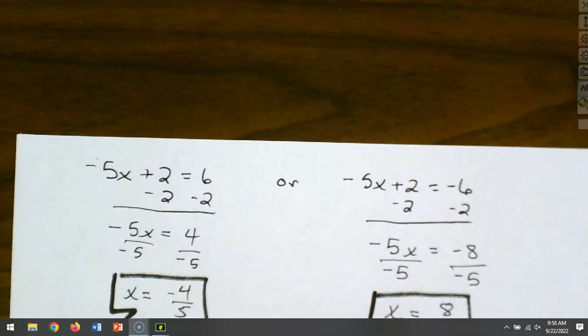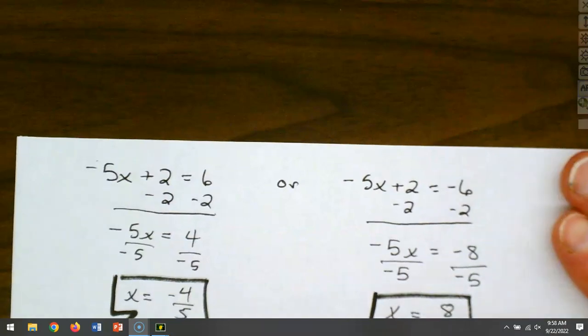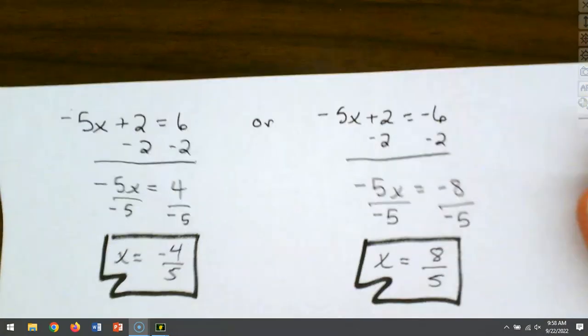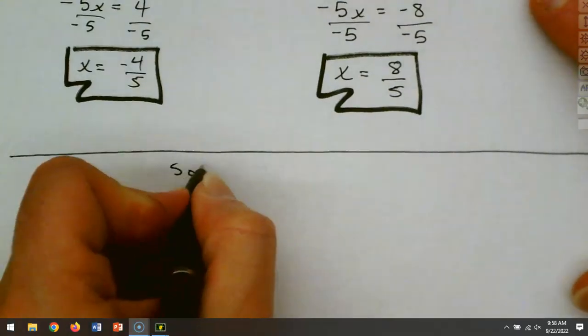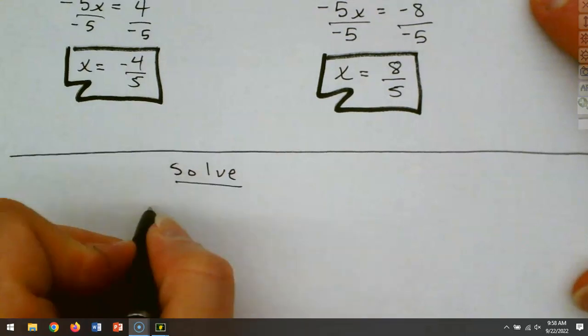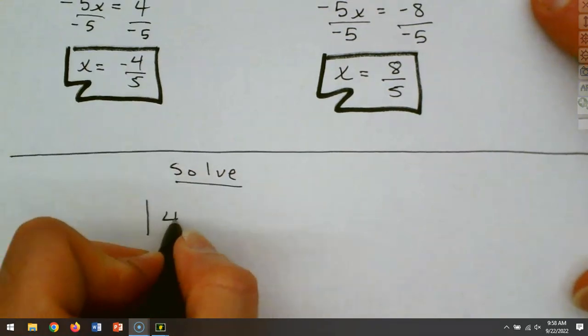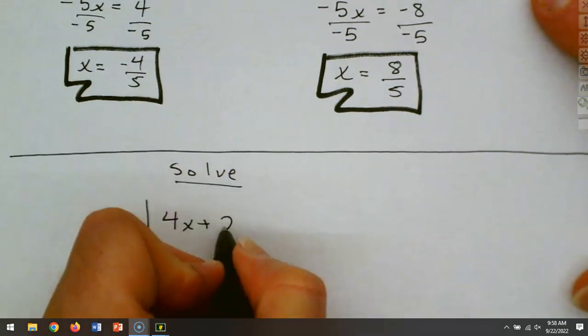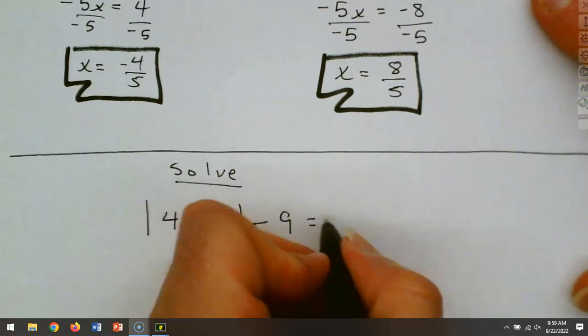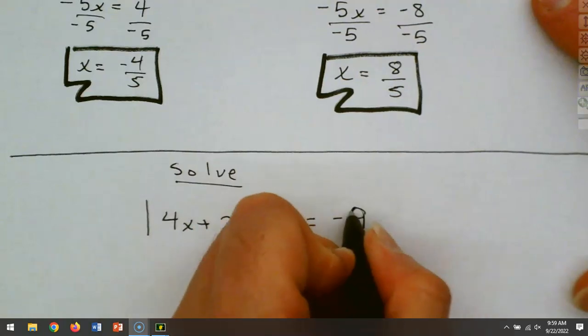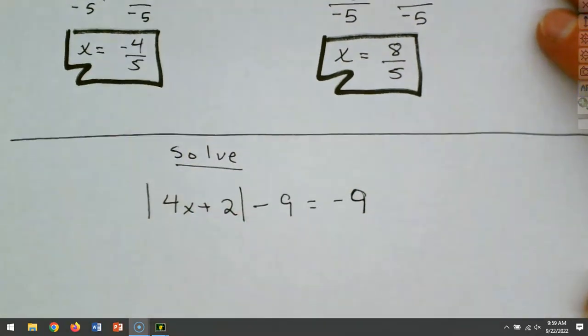Let's do another one of these. And we'll look at 0 this time. So let's try and solve this one. Okay, so let's say I give you this one to solve.